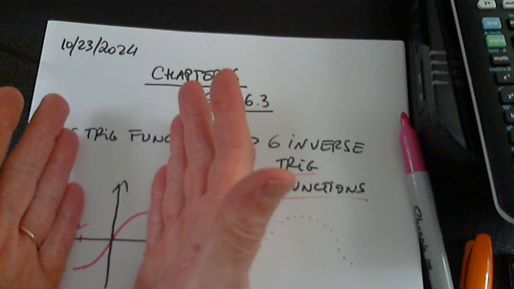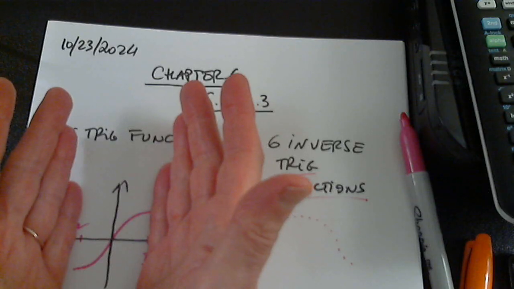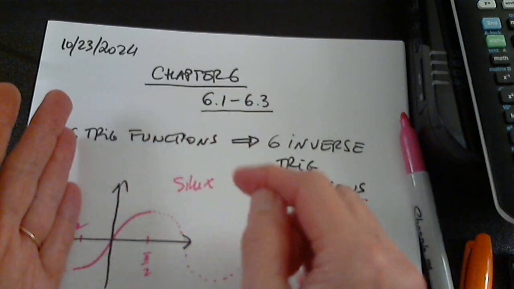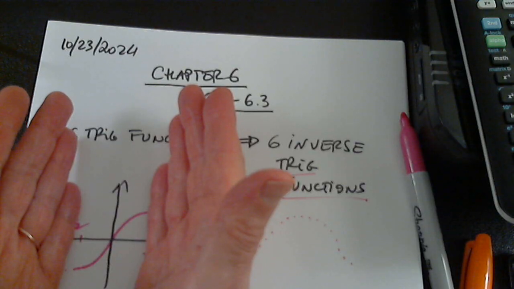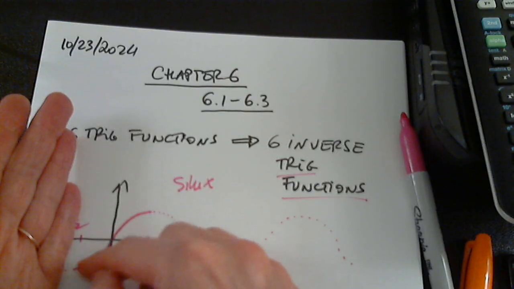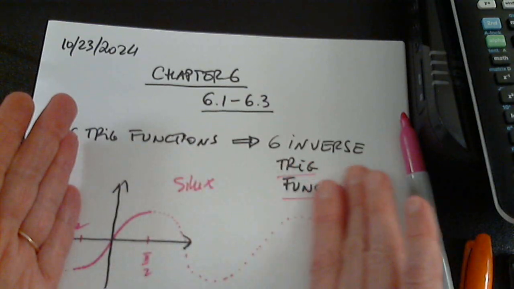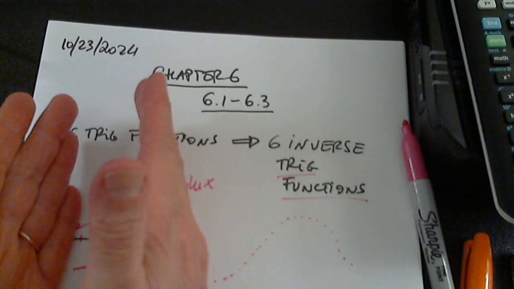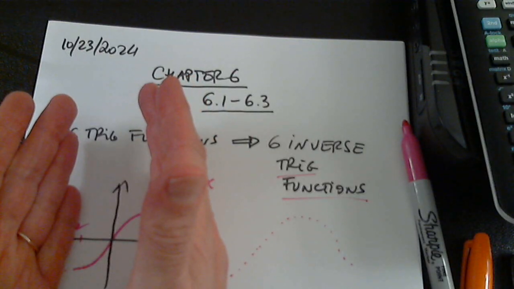We assume, which is incorrect, but we will say, well, we're going to define this function only between negative pi over 2 and pi over 2, because it takes all its values, all possible values, and this piece is one-to-one. So it doesn't mean that we're going to disregard this. We have ways of determining the rest and whatever we need, okay?